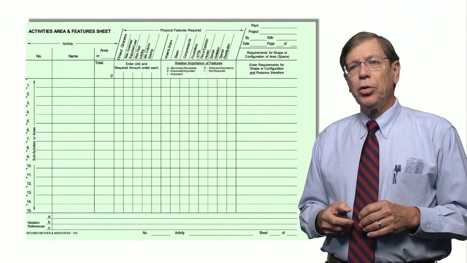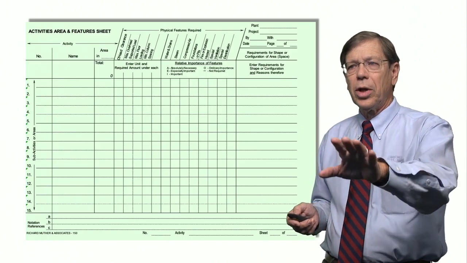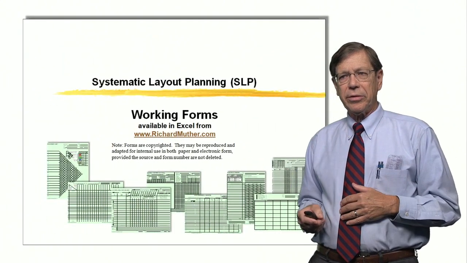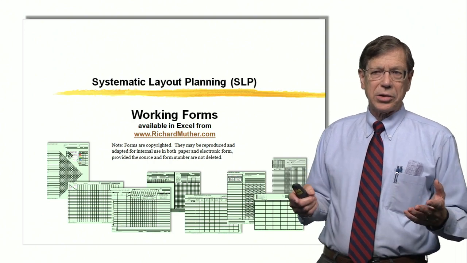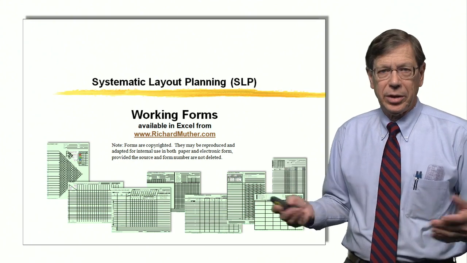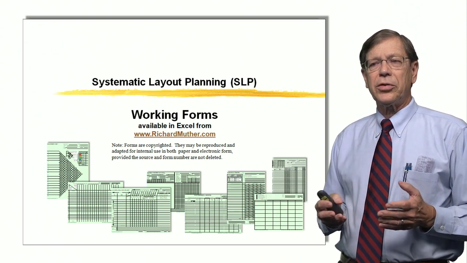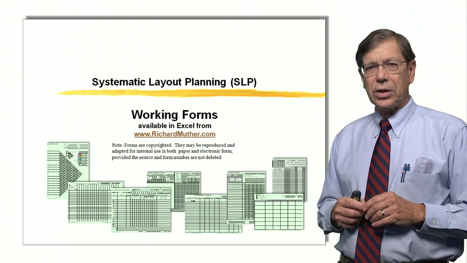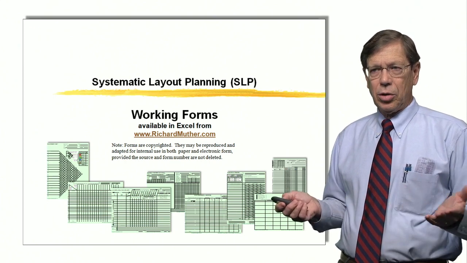As we go through, you're going to see forms. There's a whole number of working forms in this method, a collection of them, and those are available on the website. The handout has a PDF, what would be a paper copy if you printed it, but most of you would rather have this in soft copy. These are all built in Microsoft Excel, and they're available to you on the website, no charge.